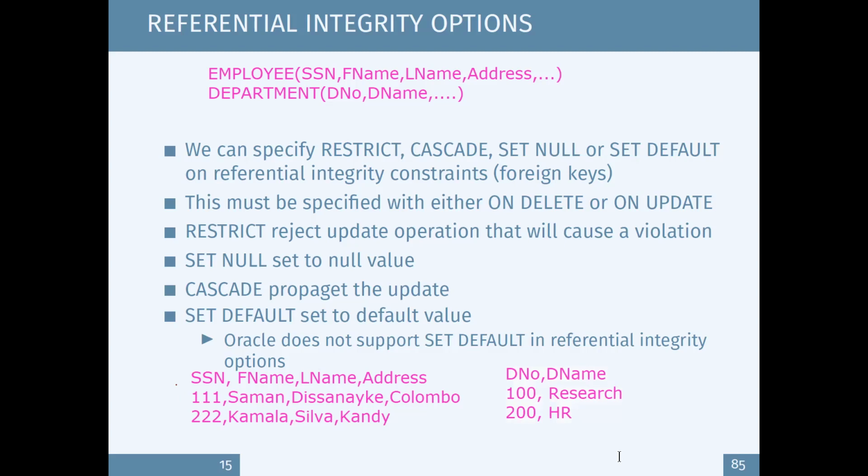Now my question is, these two tables are not related to each other. To make the relation, we want to put the primary key in the other table. So what is the best way to do that? Are we going to put social security number on the department side or the department number on the employee side?